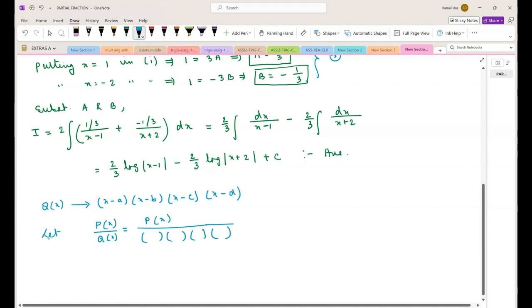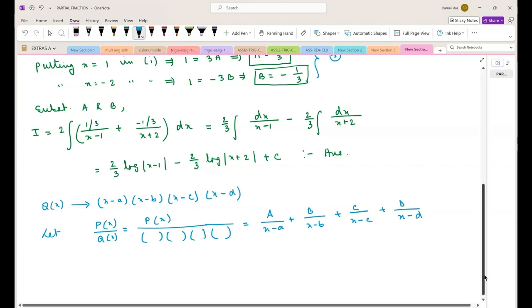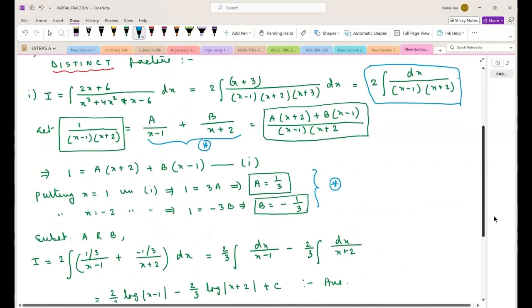Then you write it like this: a by the first factor, b by the second factor, c by the third factor, d by the fourth factor, and so on. So the process remains the same. This is just to show you that you use one alphabet for each factor. That's all. So this is first, and probably the simplest type, type 1.